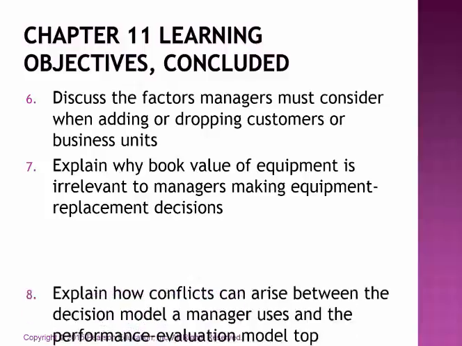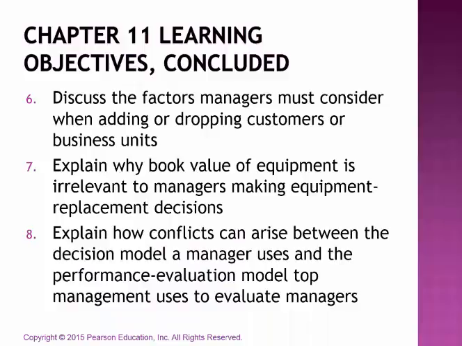So we're going to consider lots of information, but some things we're actually going to ignore when we are making our decisions. We'll also talk about how we could even have conflicts when a manager is trying to make the decisions we're going to see in this chapter. They could be tempted to not do the best thing for the company, but instead do something that makes them look like a better manager.